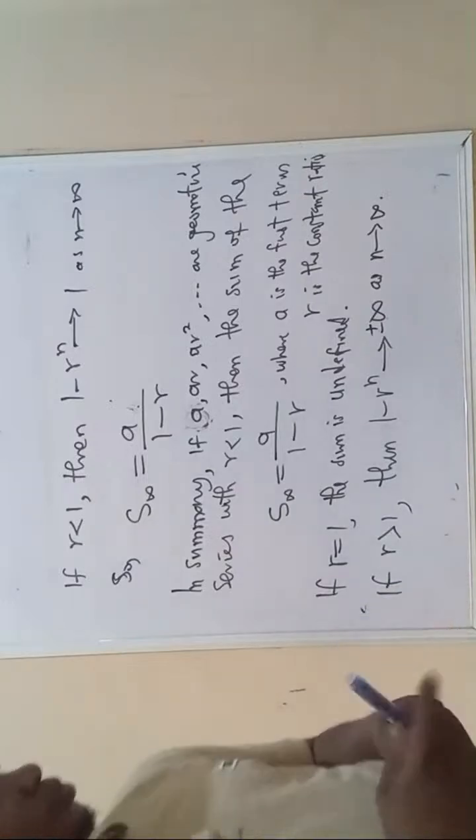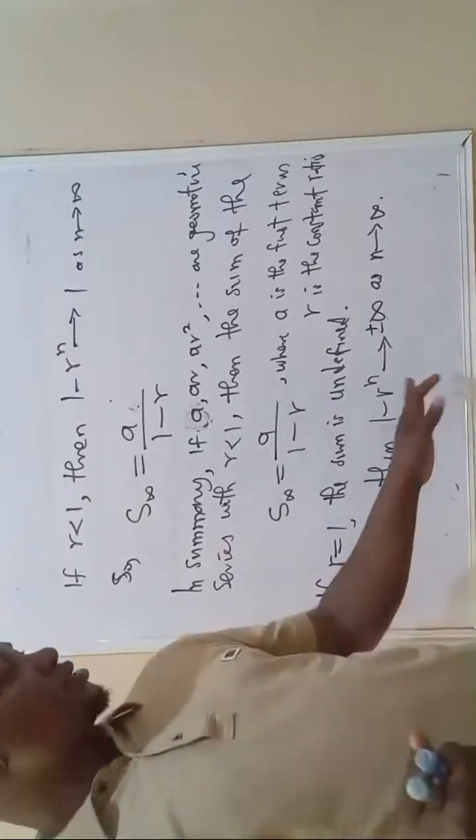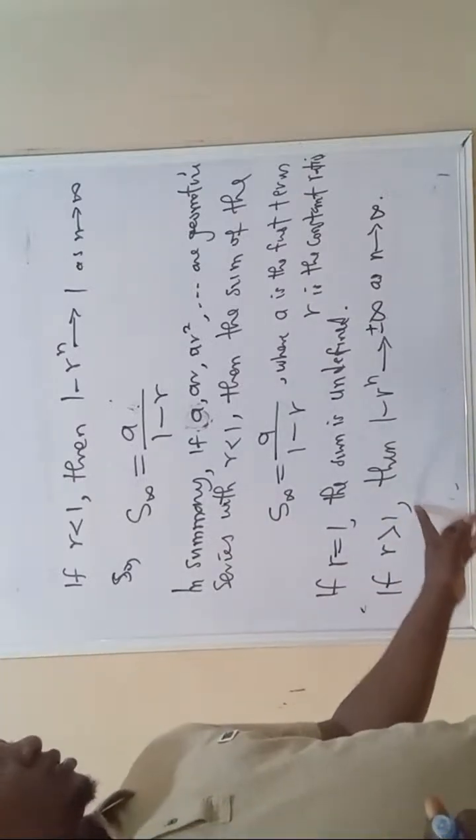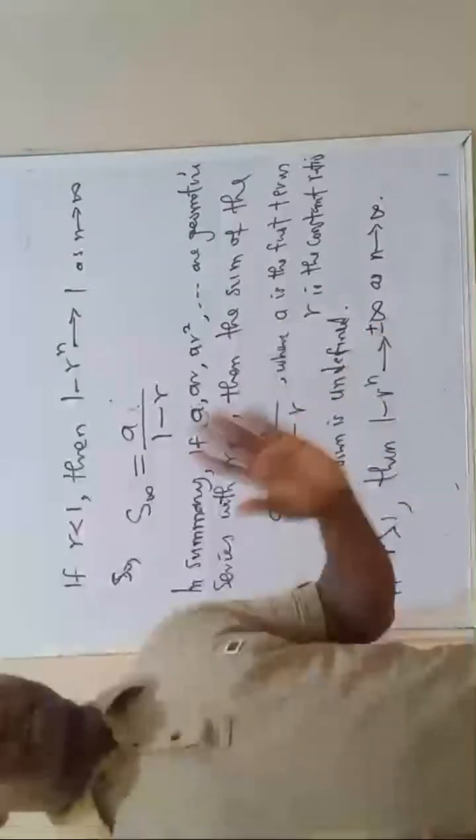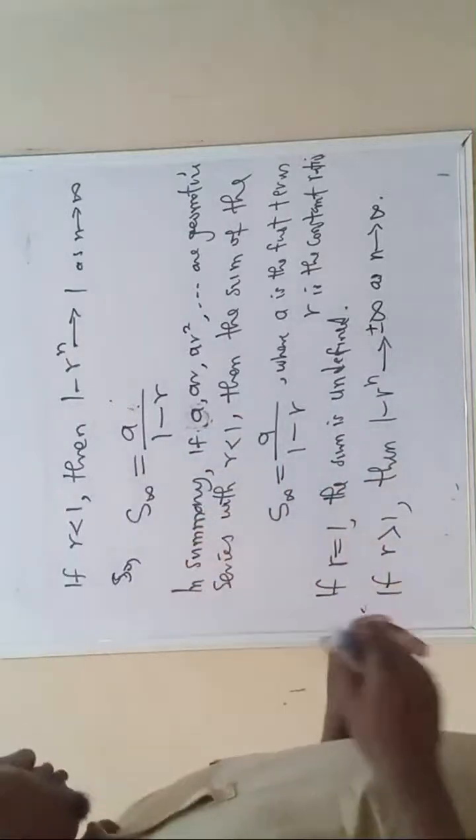So what we are saying in essence is this: if r is greater than 1, the sum of the series will be divergent. That is the meaning.